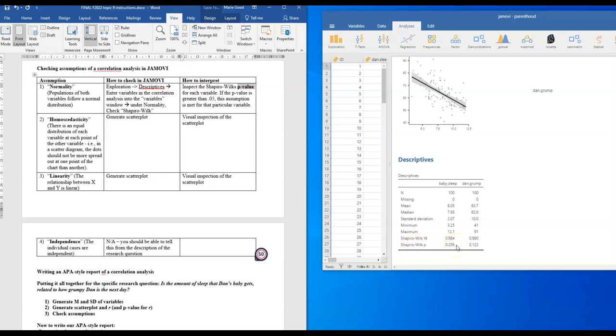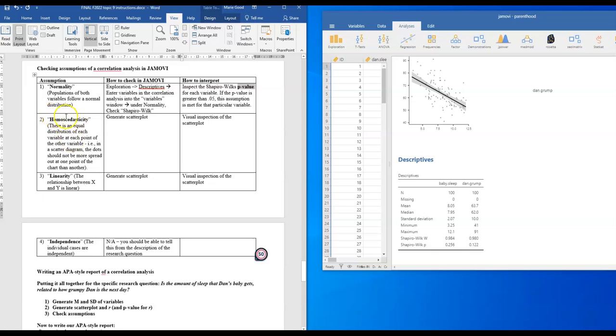And just as we've been doing for our other hypothesis tests, we want this p-value to be large, greater than 0.05, a non-significant p-value. If, as in this case, the p's for both variables are greater than 0.05, that tells us that the assumption of normality has been met. So we're good for that one.